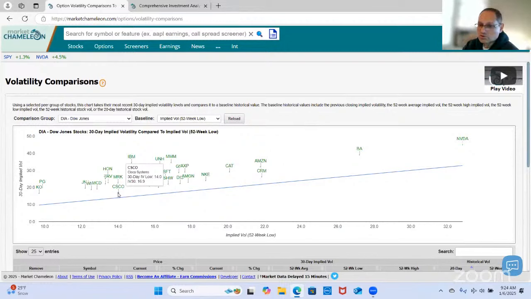So that one is probably closer to the low, maybe CRM. So you can see that those would be approaching closer to the low end of their 52-week range. And we can see all that on this graph.